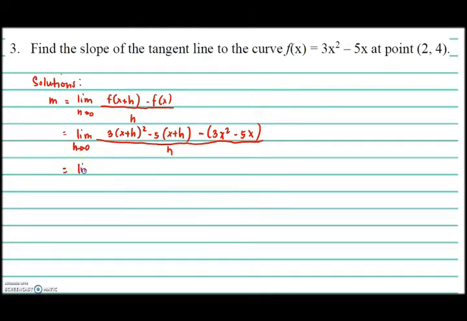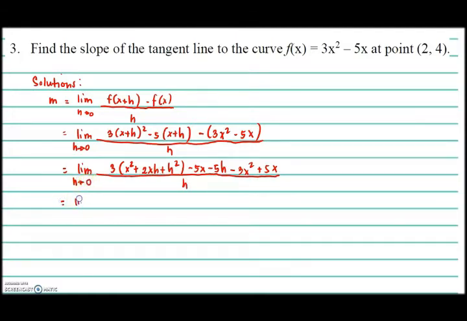Okay, so expand your binomial. You have 3 times x squared plus 2xh plus h squared. Distribute -5 to x plus h. So you have -5x minus 5h. Distribute the negative sign. So you have -3x squared plus 5x all over h as h approaches 0.